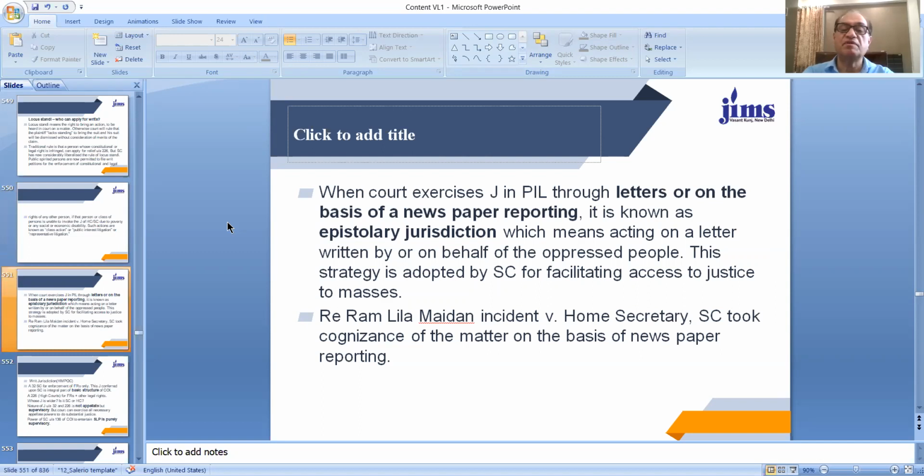This strategy is adopted by the Supreme Court for facilitating access to justice to the masses. The latest example is Baba Ramdev's case regarding the Ram Leela Maidan incident versus Home Secretary, where the Supreme Court took cognizance of the matter on the basis of a newspaper report the next morning.